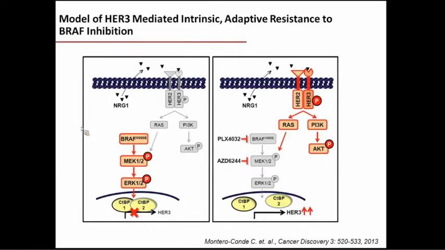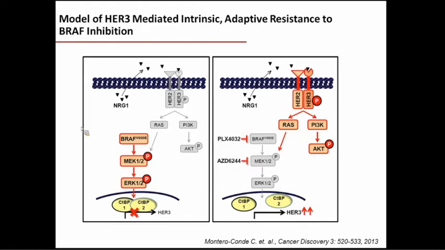So this is essentially what we found in this paper. It was published also a few years ago, in which when you think of the tumor, untreated, you have this robust activation of MAP kinase signaling. This in turn tends to repress inputs upstream of RAF. It's a normal feedback response to try and dampen the overall output when you have a signal that drives the pathway.